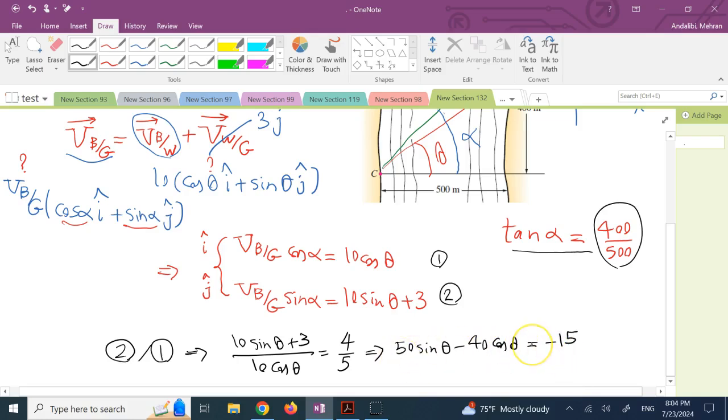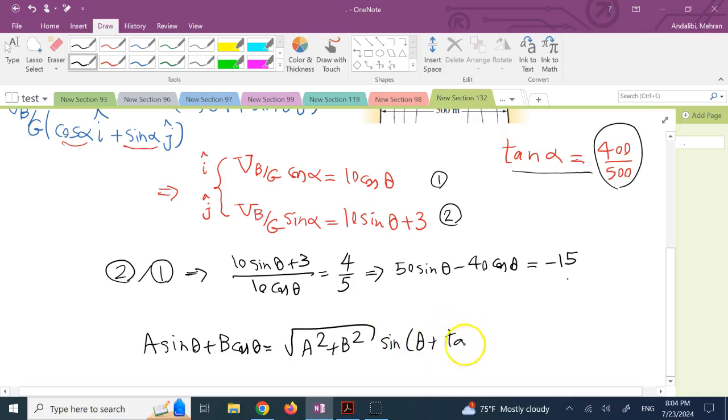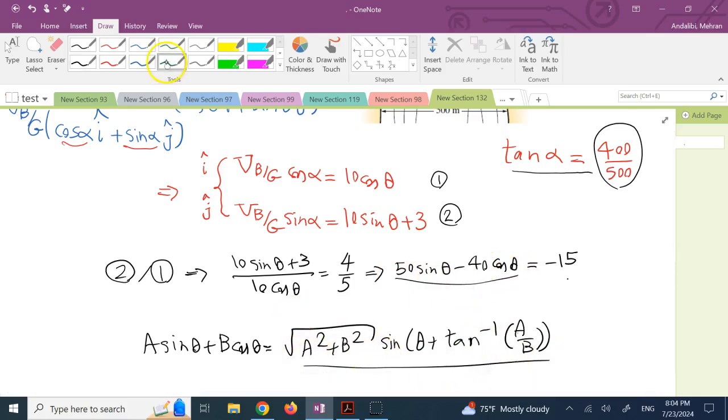Now this is what we call a transcendental equation, and the solution for it involves several different ways. One is you can write a sine theta plus b cosine theta as the square root of a squared plus b squared times sine of theta plus tangent inverse of a over b, where this portion is a number and that portion is a number.